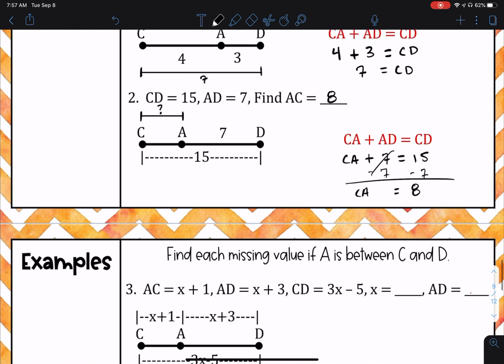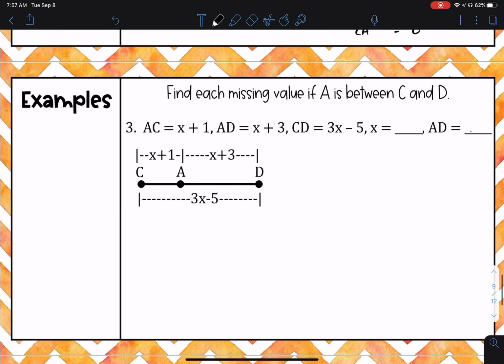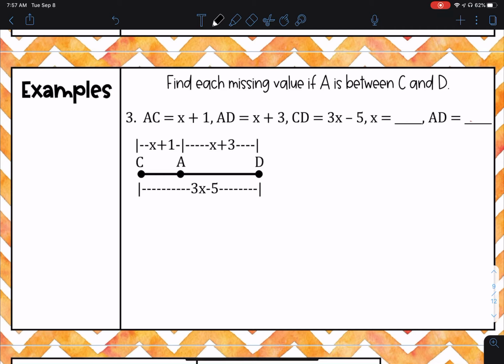All right, let's try it with some algebra this time. Find each missing value if A is between C and D. It's telling me that AC is x plus 1. So they went ahead and filled that in for us. So from A to C, this distance right here, is equal to x plus 1. And then the distance from A to D is equal to x plus 3.